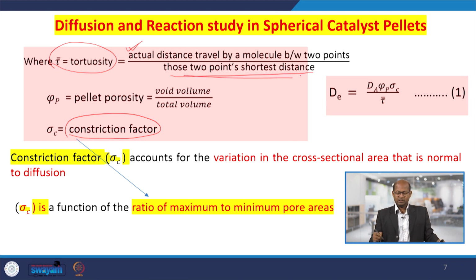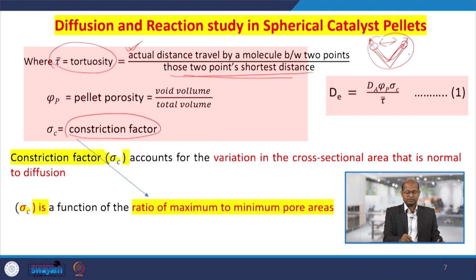Let us say a molecule is moving this way. This is the shortest distance, and this is the actual distance the molecule travels from here to here. The ratio of the two distances is called tortuosity.